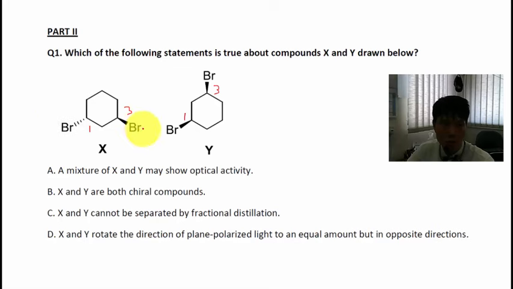Because of the wedges and the hash lines, these two groups are trans, correct? And these two bonds are pointing towards you, so it's cis. So we know that these two are not enantiomers.